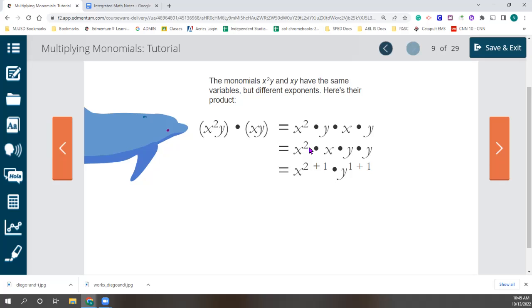So x squared, or x to the exponent 2 multiplied by x, becomes x with the exponent rule followed of adding the exponents. Then y, because there's a y here, multiplied by the y here, becomes y multiplied by y, which becomes y exponent 1 plus exponent 1.